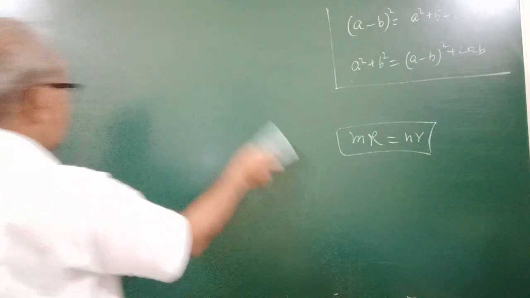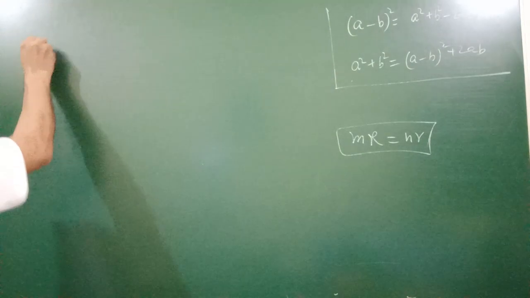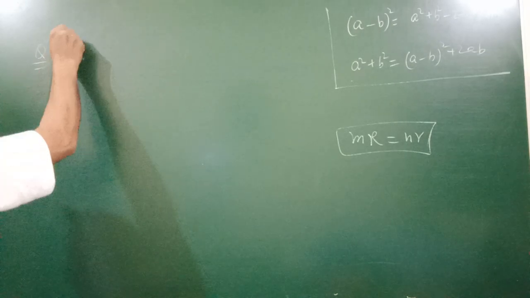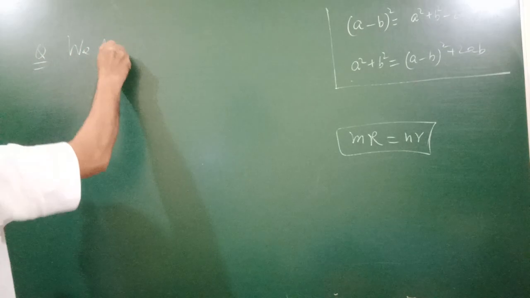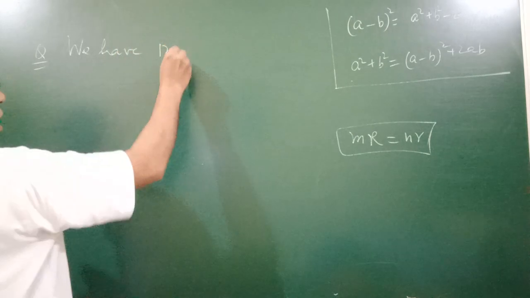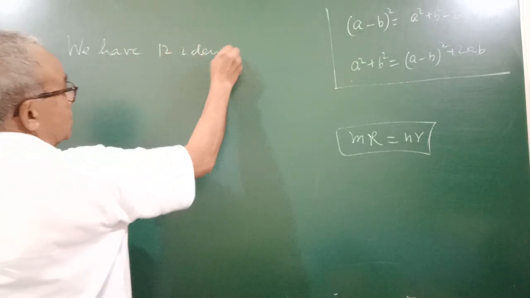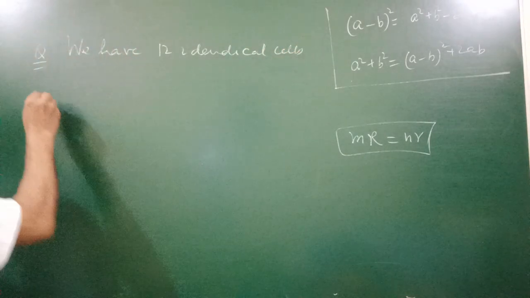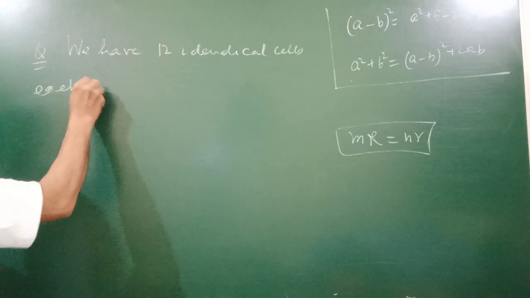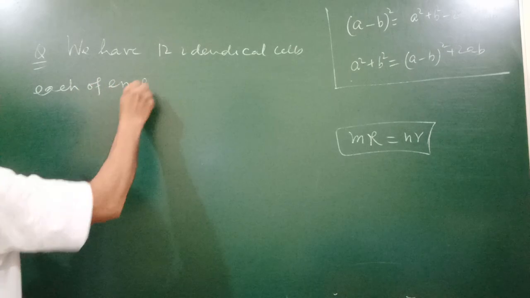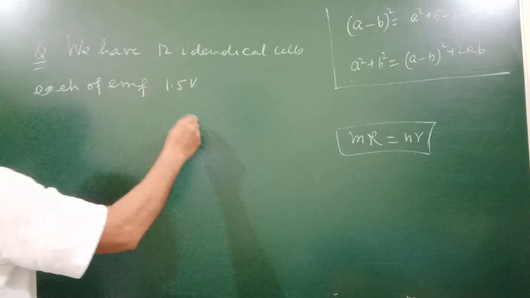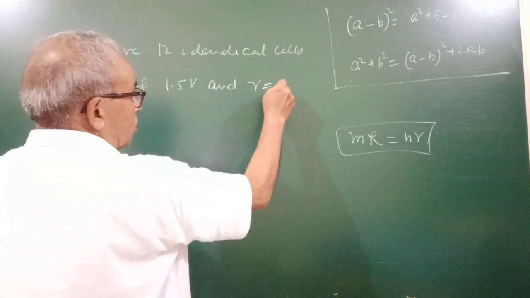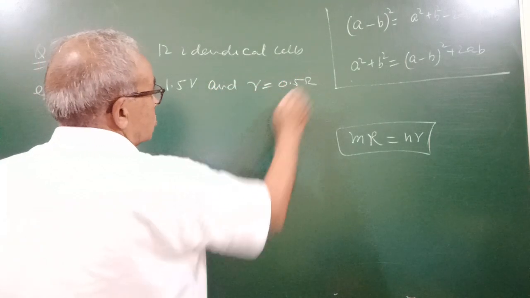We have 12 identical cells, each of EMF 1.5 volt and resistance r equal to 0.5 ohm.